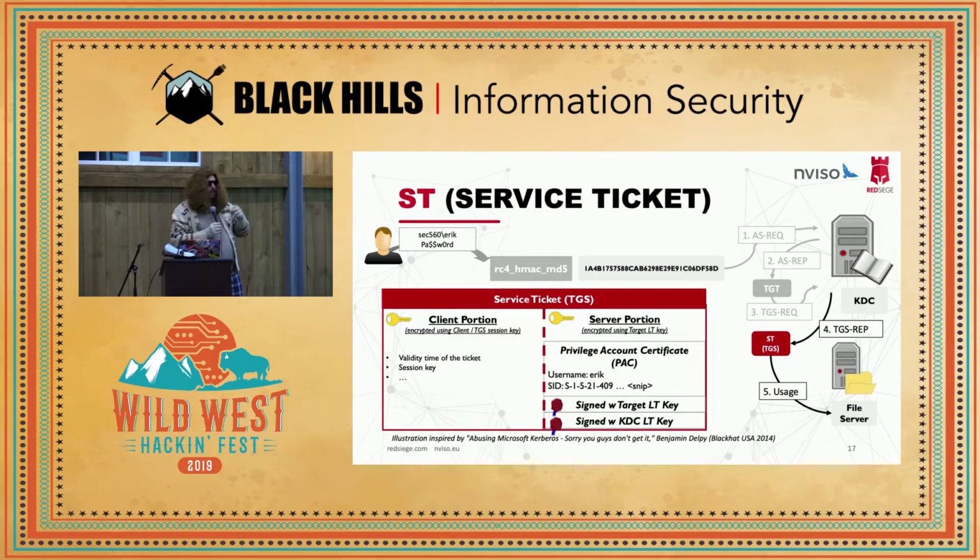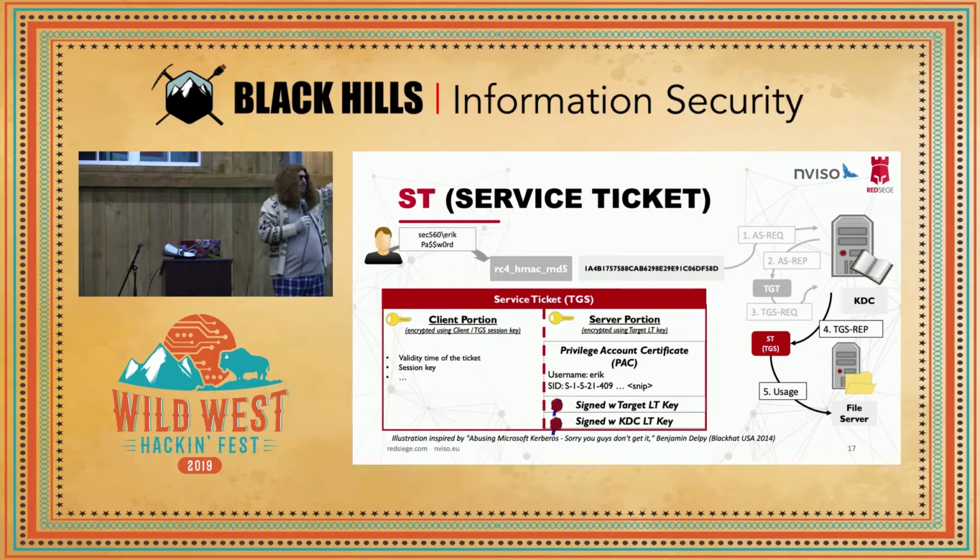My service ticket, here's a little bit more detailed information on it. Again, there's the two pieces. Half I keep, half I send to the remote system. The remote system piece has information about who I am, my username, my SID, my group memberships, all sorts of information that the remote system can use to decide, yes, you have access, no, you don't, you have minimal access, administrative access, whatever that is. And as we mentioned, that PAC is signed with two keys.